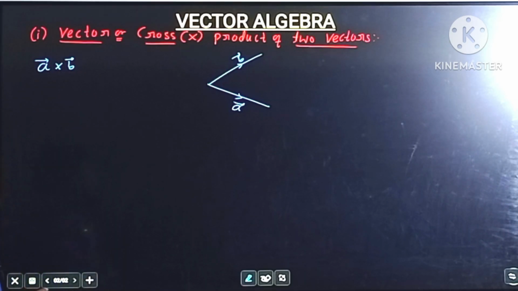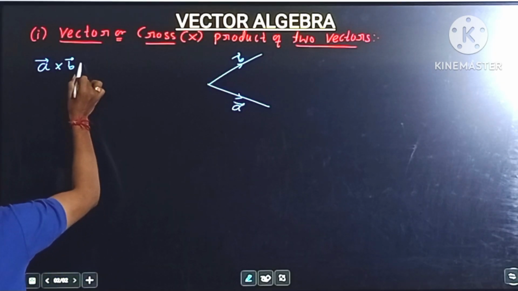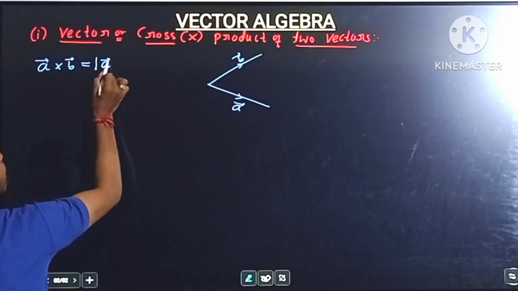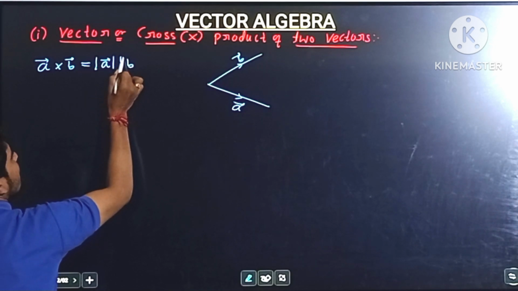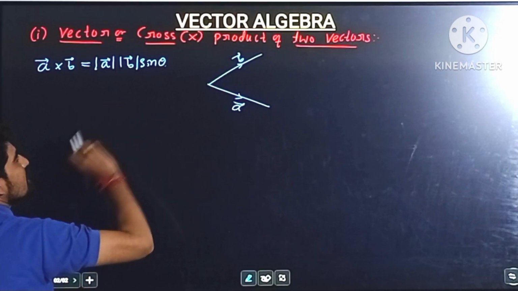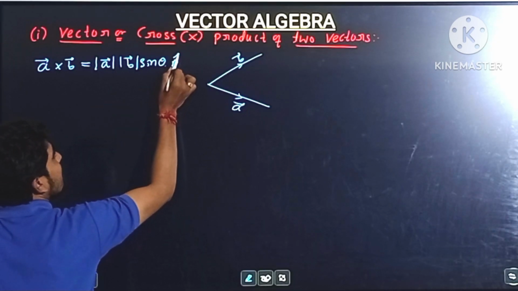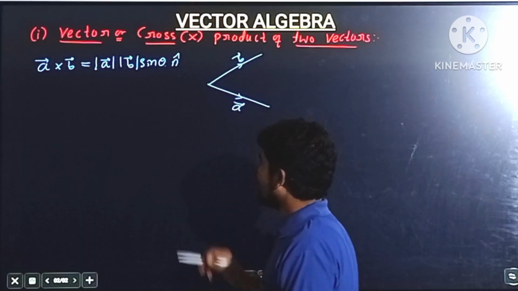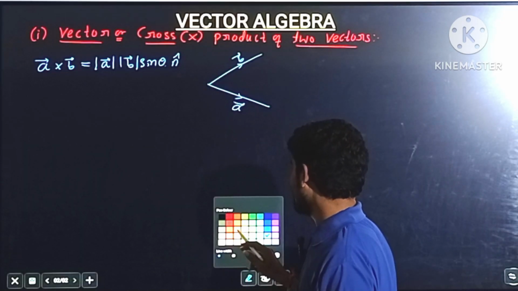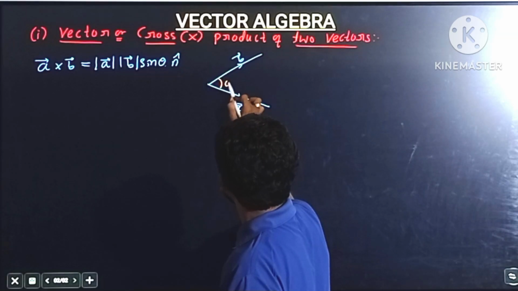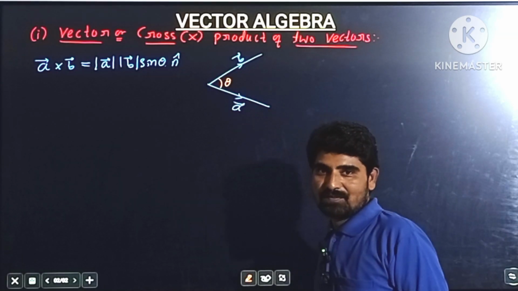It's defined by magnitude of a vector into magnitude of b vector into sine theta into n cap. So n cap is a unit vector perpendicular to both a vector and b vector, and theta is the angle between the two vectors a vector and b vector.